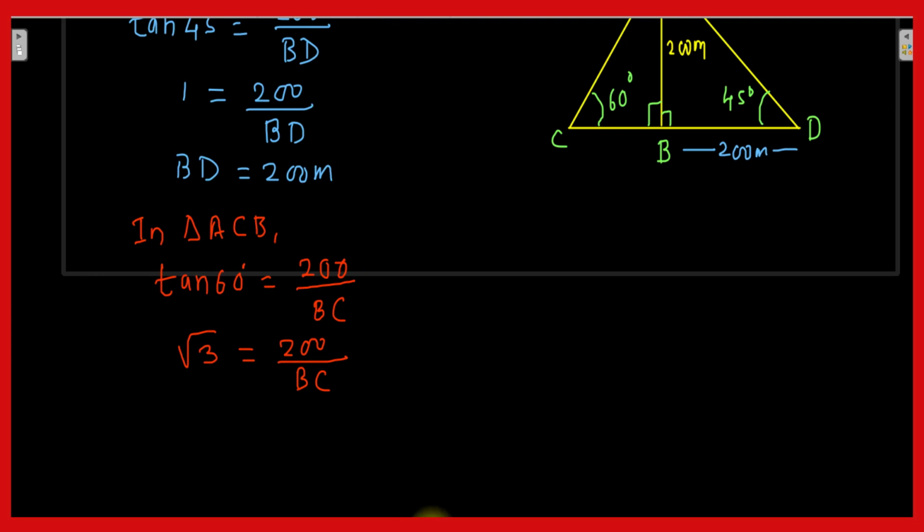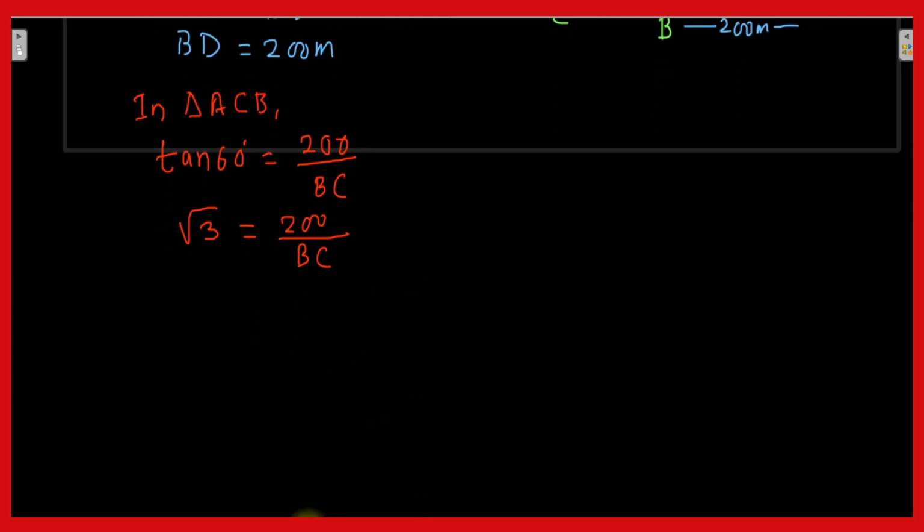And therefore cross multiply and you will get BC is equal to 200 upon root 3. We will rationalize this, and therefore that is equal to 200 root 3 upon root 3 into root 3, that will be 3.